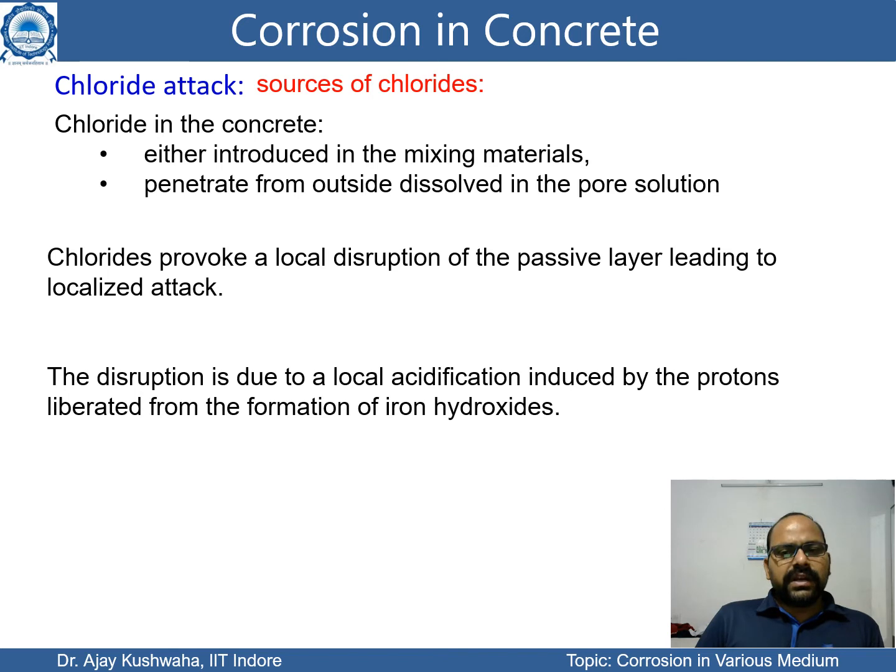So basically it creates extra protons or H plus ions that reduce the pH value. We can say it creates high acidity at that particular point, and therefore that surface is damaged, and then slowly it creates that localized damage. Therefore we can say it's chloride attack.